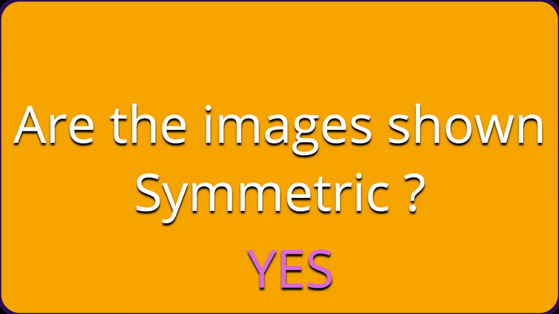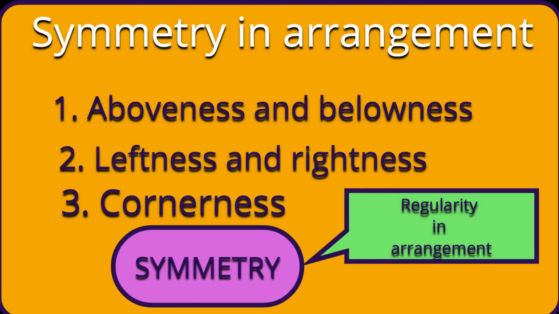Apart from the color combination and color similarity, one thing you might have noted is the arrangement of the items, the arrangement of the things. And in the arrangement, somewhere you were finding symmetry. Maybe aboveness and belowness, leftness and rightness, cornerness, somewhere there was regularity. So, it is a general idea about symmetry.